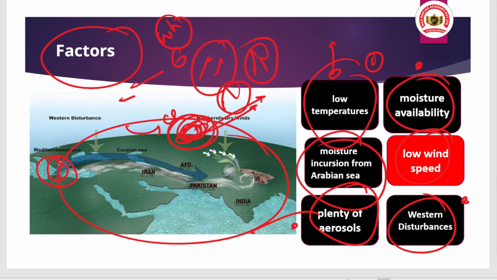Because of the warming, the moisture rises in the air, and because of the geostrophic wind, or the upper atmospheric wind, this moisture starts coming towards India via the Caspian Sea, Iran, Afghanistan, Pakistan.